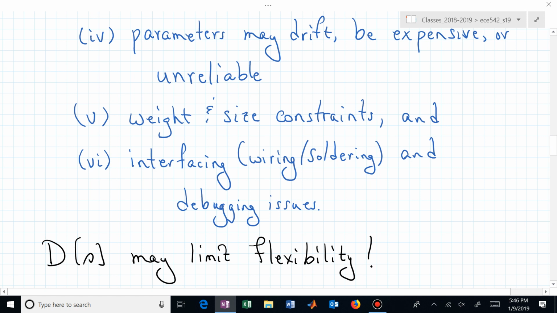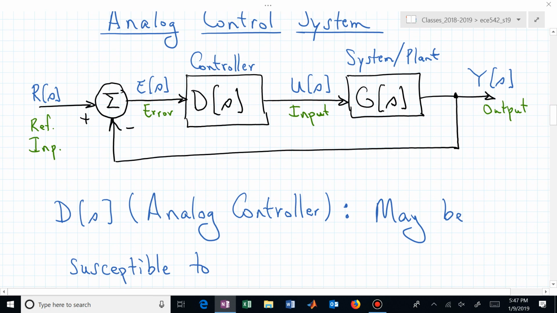Oh, and now you have to solder. Oh, I need to change something. You need to desolder, resolder, debug, figure out what's wrong. All of those may limit the flexibility that you have with this D of S.